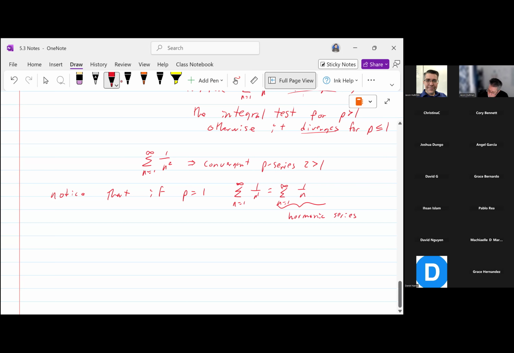And what do we know about the harmonic series? Does it converge or diverge?